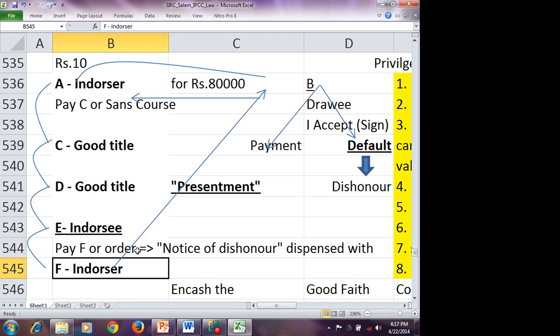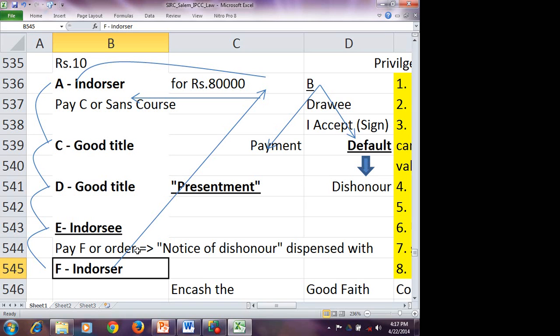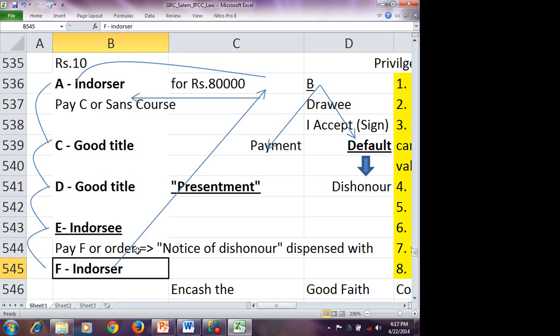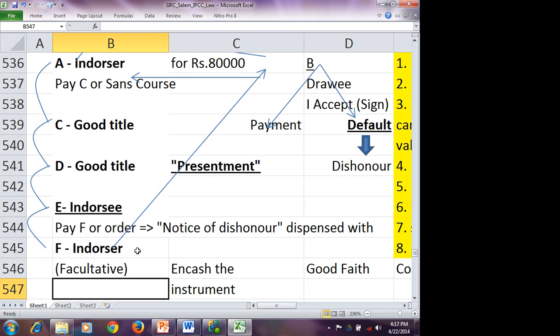He waives his right to receive notice of dishonor, which means he agrees: F, you go and present the bill to B. If he makes a default, there is no requirement for any notice of dishonor, because it involves a cost for you. Notwithstanding anything, I make a payment to you. That is facultative endorsement. Done.